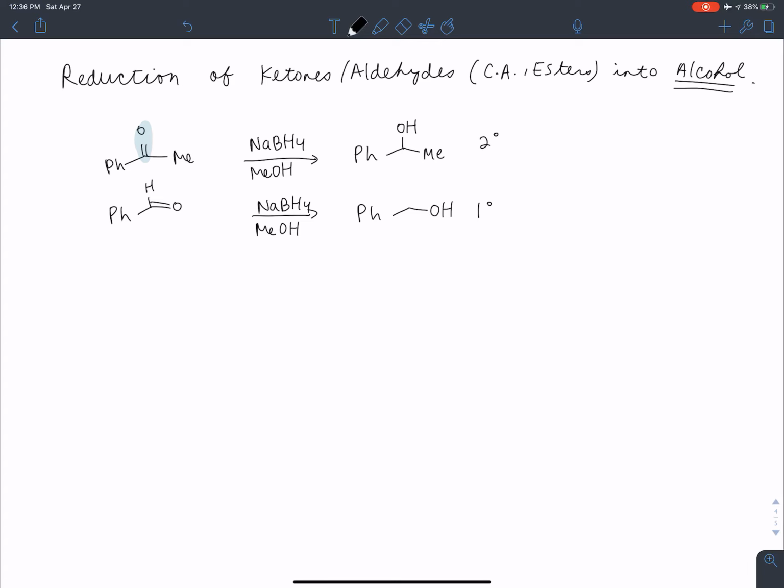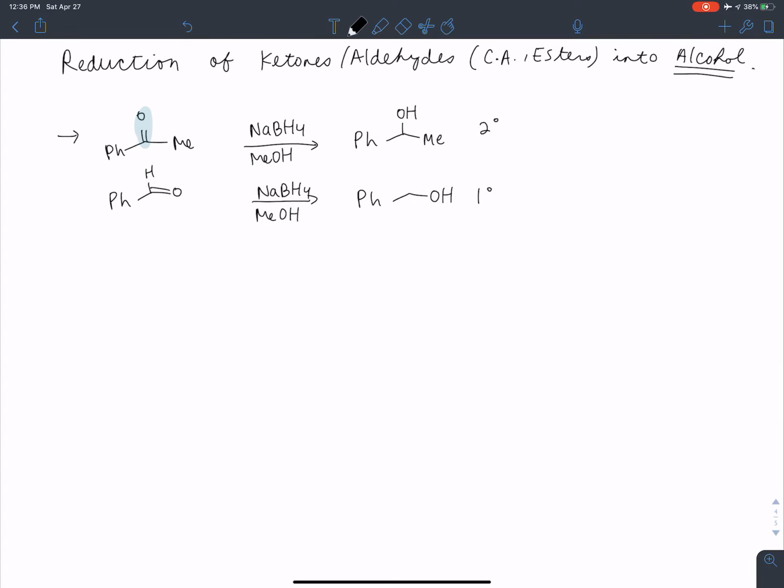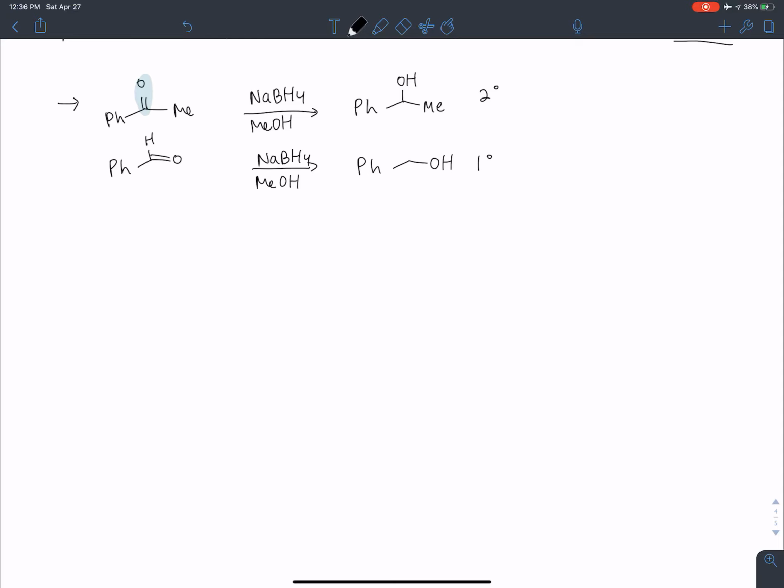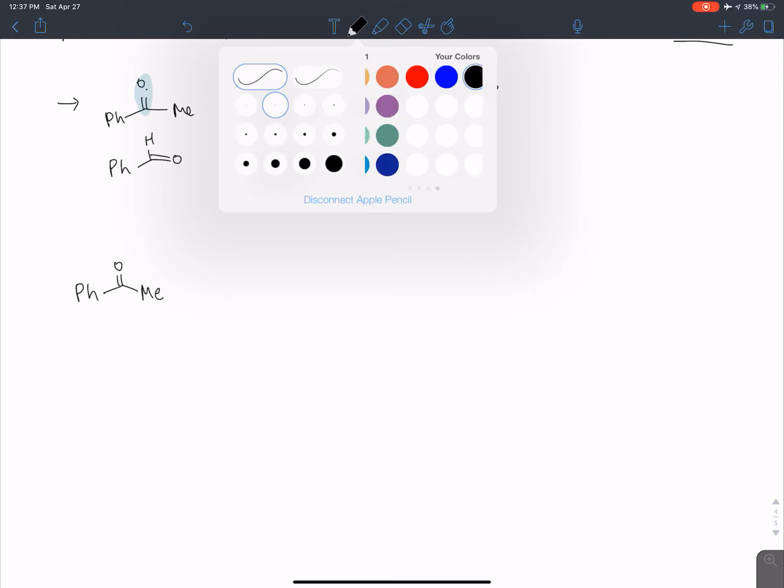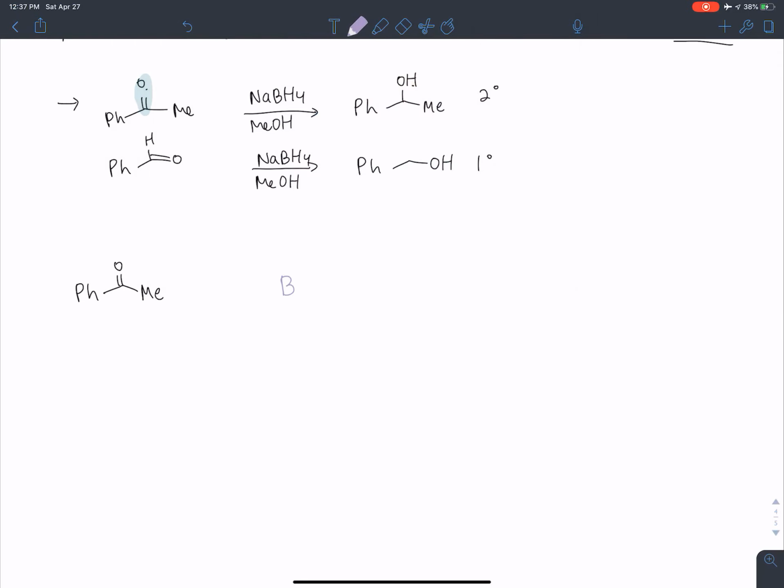And I'm just going to go ahead and use the same starting material right here to show you guys how this becomes this. So the first thing you want to know is that sodium borohydride is going to dissociate into its respective ions.